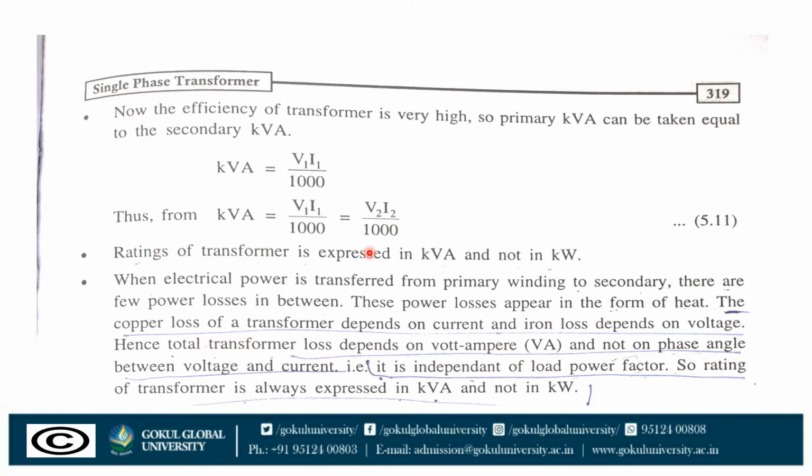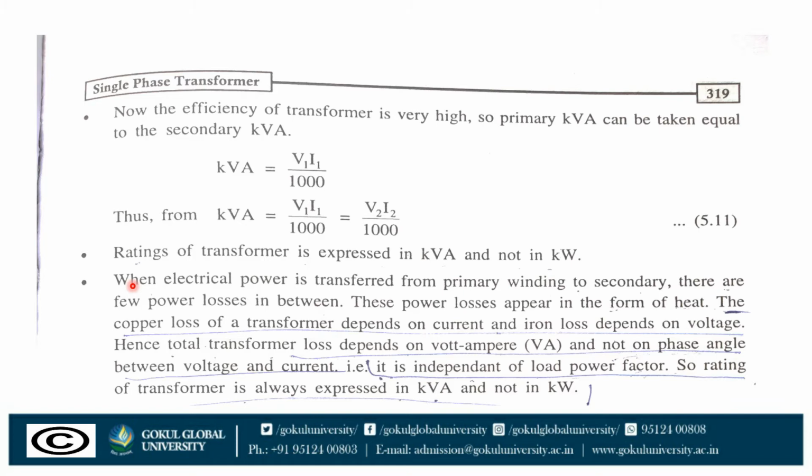Now the rating of a transformer is expressed in kVA but not in kilowatt. Why in kVA? The reason is this: when electrical power is transferred from primary to secondary, there is some power loss, and this power loss appears in the form of heat. The copper loss of a transformer depends on current and the iron loss depends on voltage.